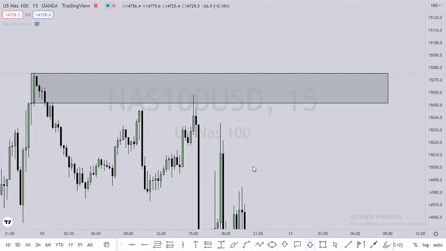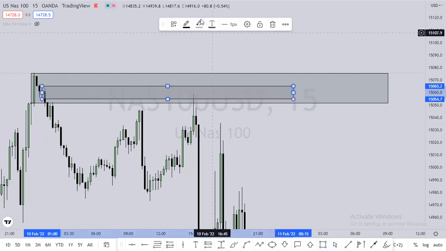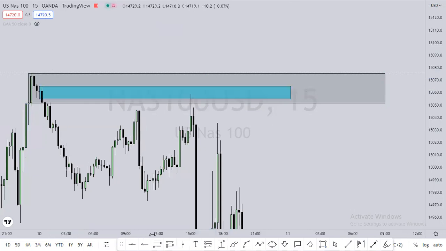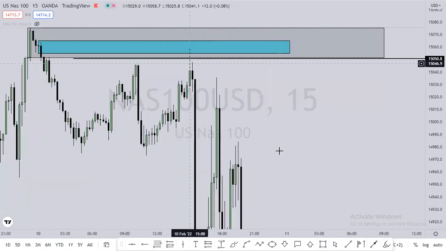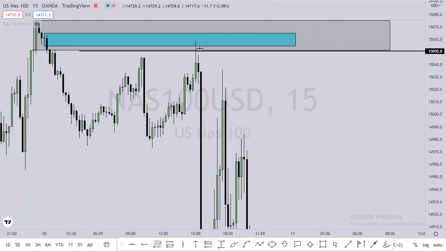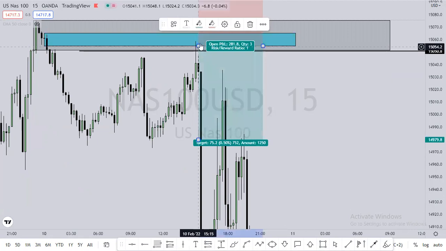Actually, here's the inner 15-minute OB. And then we enter at a 50 level, as you can see, 60. And there's our 50 level. That would have been a safe entry at the 50 level, in deep retracement to the OB. Tap the OB.